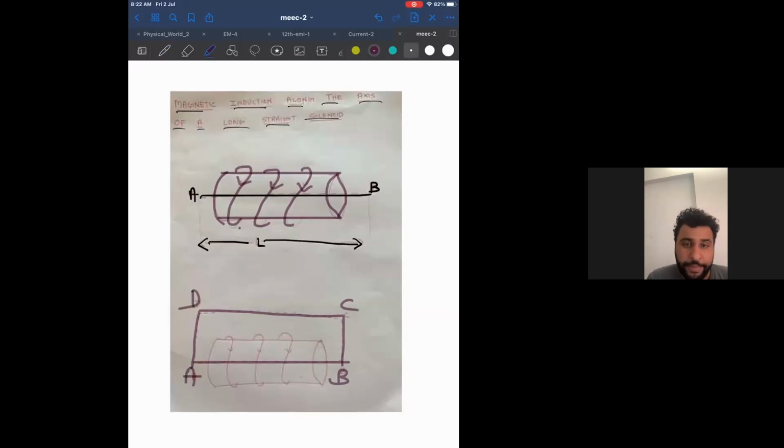Now can I apply Ampere's law? Yes. Therefore, you have written the side heading, you have drawn the diagram, correct? Now below the diagram, write down notes.